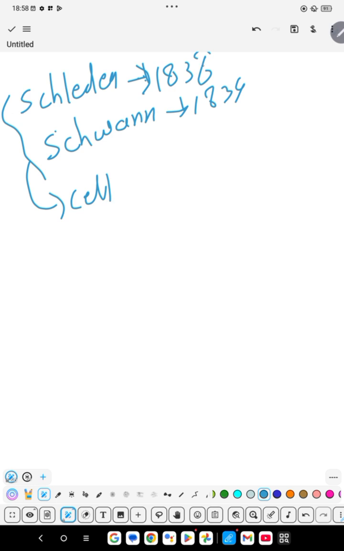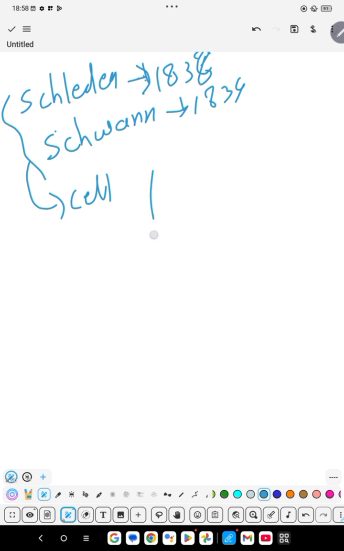They said the structural and fundamental unit of life: every plant and animal consists of cells, and cells consist of cells. But they did not tell us how the cell arises, right? From where they are coming.